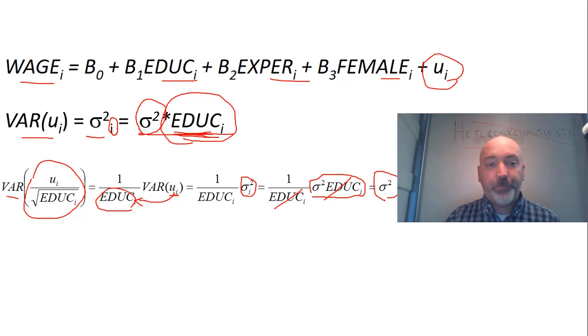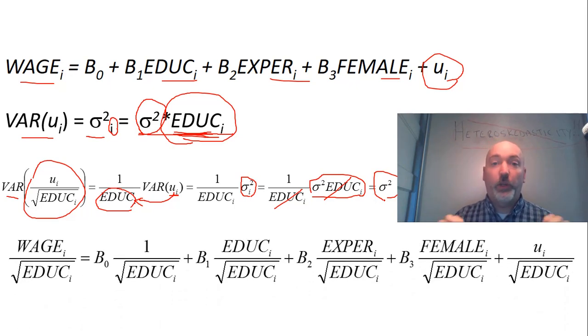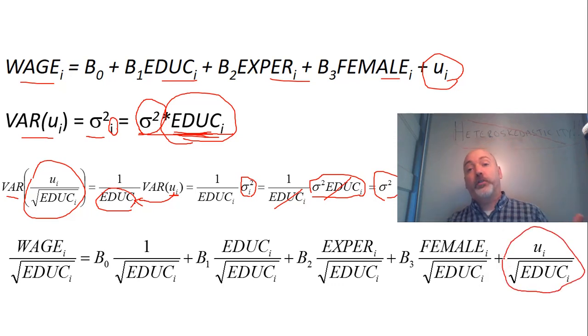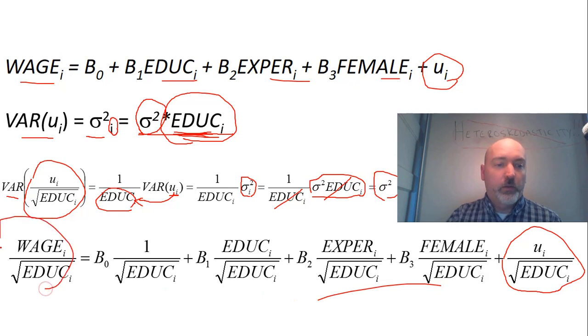Seems easy enough, right? So what that means is our regression equation has to be changed across the board. Keep in mind, the whole point of this is to get a new error term, but we can't just transform the error term. We have to transform the entire equation. So we need a new left-hand side variable. Instead of wage by individual, it's wage divided by the square root of education.